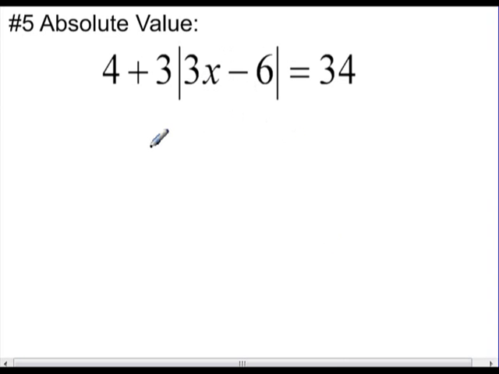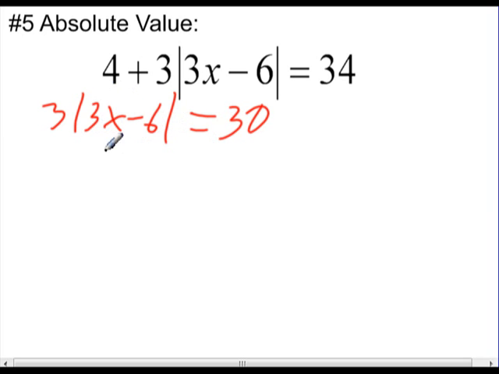In other words, we're going to get the absolute value part by itself. So I'm going to subtract the 4 from both sides, so that's 30. Still want to get that absolute value part all by itself, so I'm going to divide both sides by 3. So we have absolute value of 3x minus 6 is equal to 10.